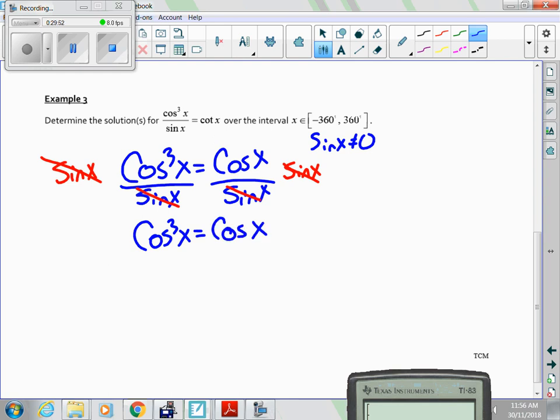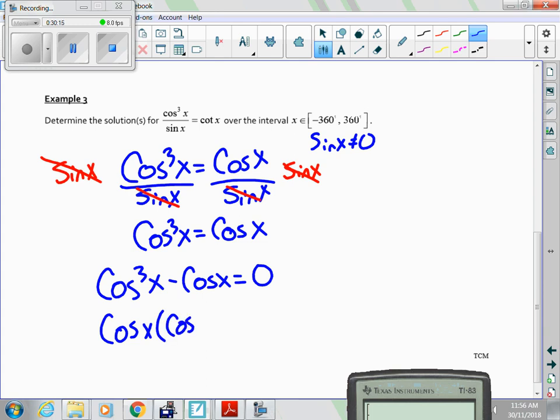Now surely I could just divide out cos x and get cos squared equals 1, yes? No, that's that same trap. Don't go down that alley, right? So cos cubed x minus cos x equals 0. Now we factor: cos x times cos squared x minus 1.